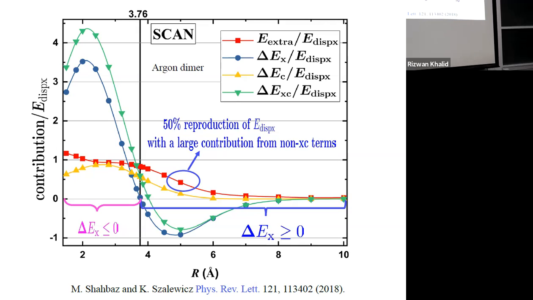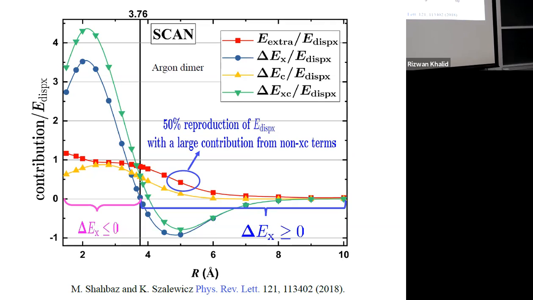Half of the dispersion energy is being recovered in E extra, and only part of it could be accounted for by the correlation term, this yellow one. This value is about 0.5 and this value is 0.25. It should get some other contribution from some other term. It cannot get any other contribution from the exchange part because the exchange part has the opposite sign.